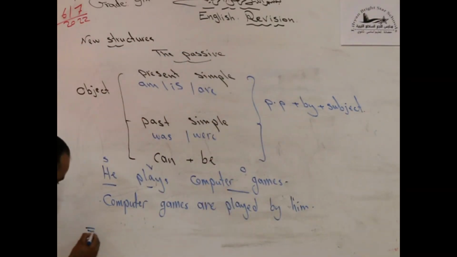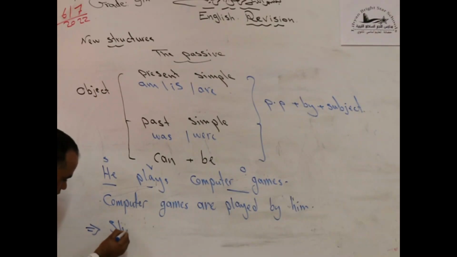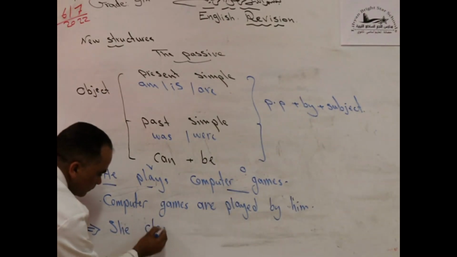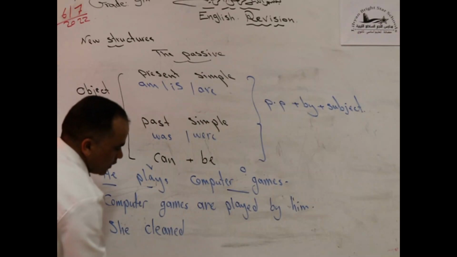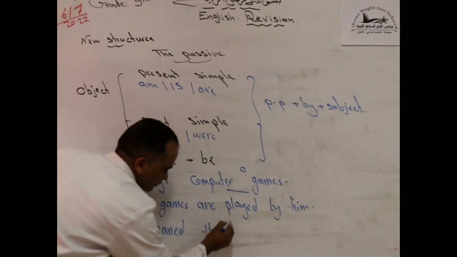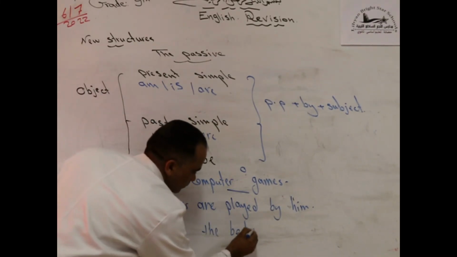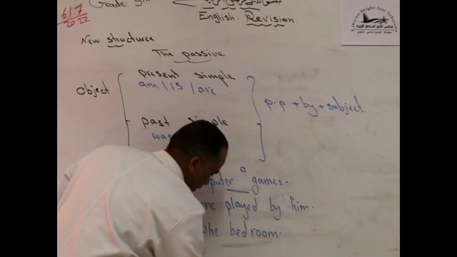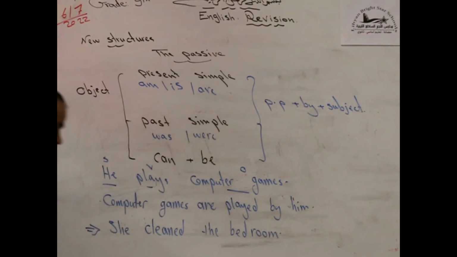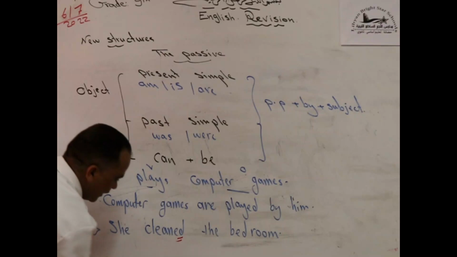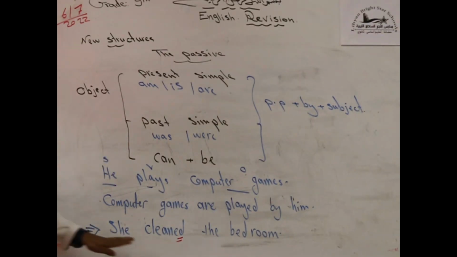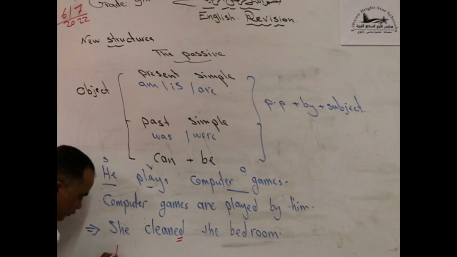Another example, she cleaned the bedroom. What tense is this sentence? We have ed at the end of the verb. We have the second form of the verb. So the sentence here is in the past simple. Follow the steps. Start with the object, the bedroom.